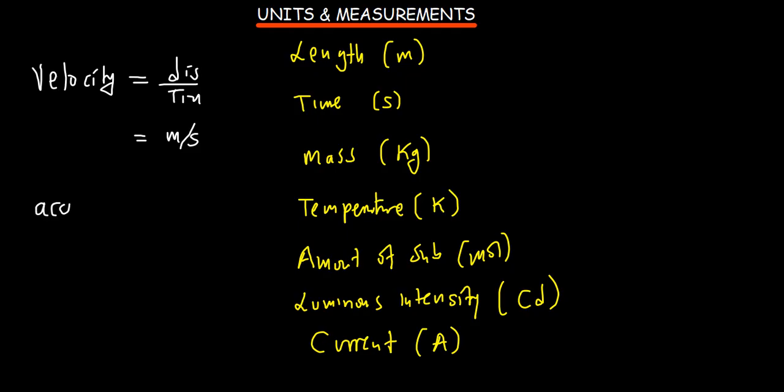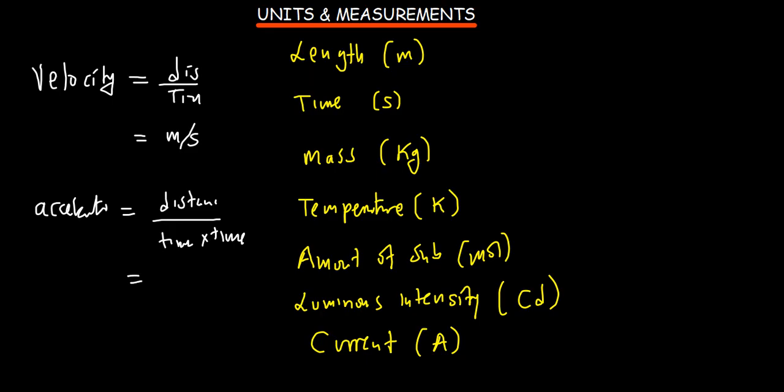Acceleration is given by, anyone that knows how we find acceleration? It is velocity, isn't it? Excellent. Velocity divided by time, or we can say distance divided by time times time.